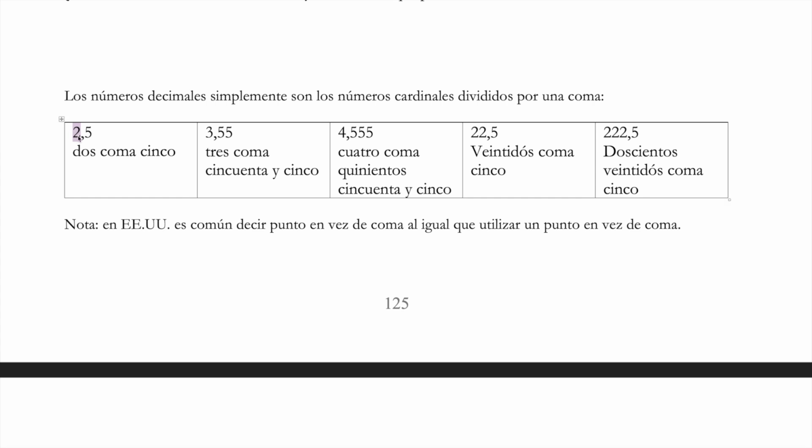So, 2,5, 3,55, 4,555. And one quick note, in the United States generally uses a period, so they're backwards, or they're the other way. So just keep that in mind. Commas and periods are different in Spanish than they are in English.